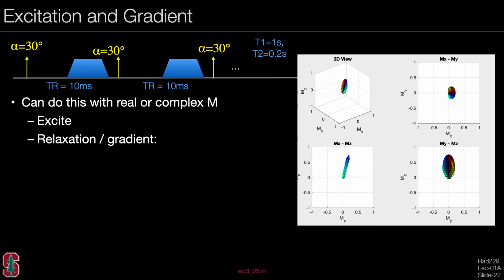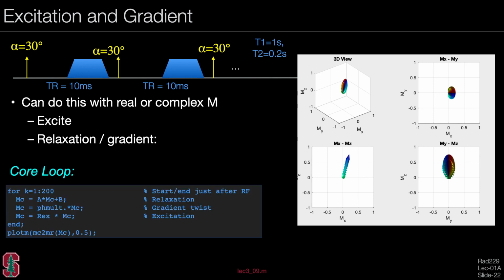We're going to simulate the excitation, and then we're going to simulate the relaxation and gradient effects. So this is the core loop using the complex vector representation. You see here that we propagate the magnetization through relaxation, followed by applying the gradient twist using a simple phase multiplier, and then applying the excitation, so that at the end we will see the effect right after the RF pulse.